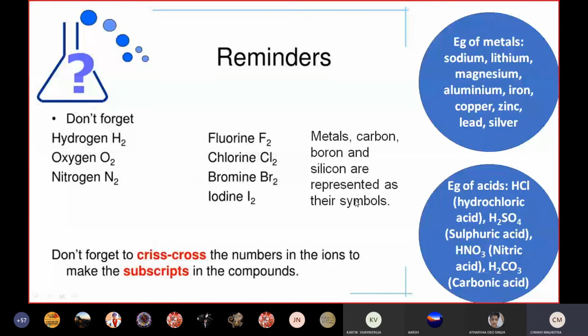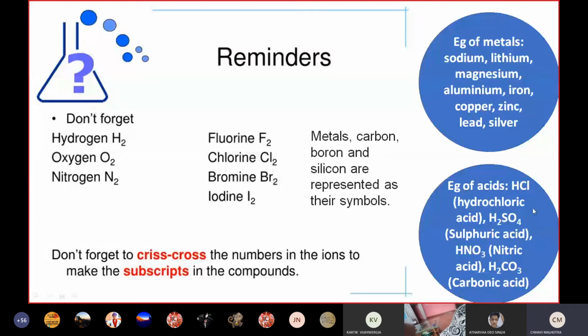Similarly, magnesium is only written as Mg. Aluminium is only written as Al. So there you will not write any subscript. But when you are writing the diatomic elements, then you have to use 2 as the subscript.